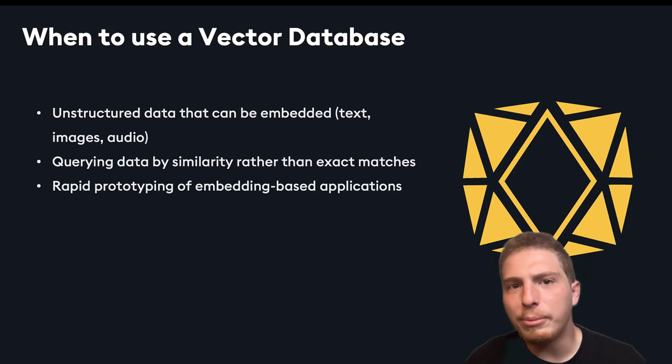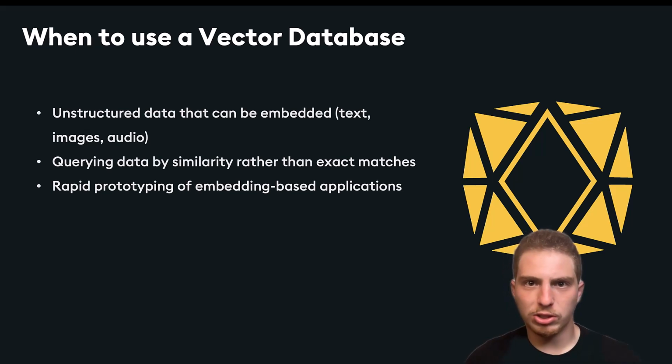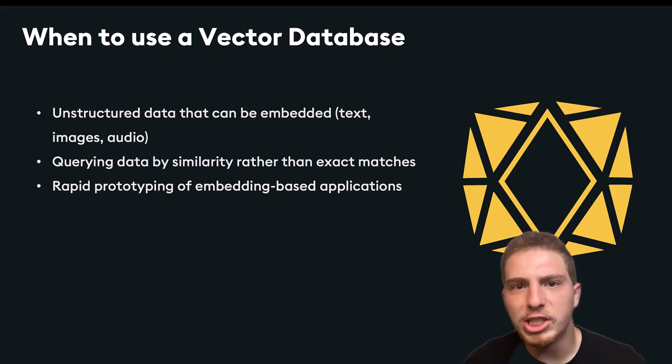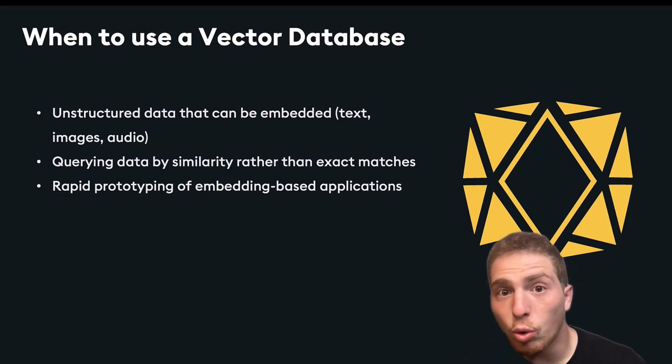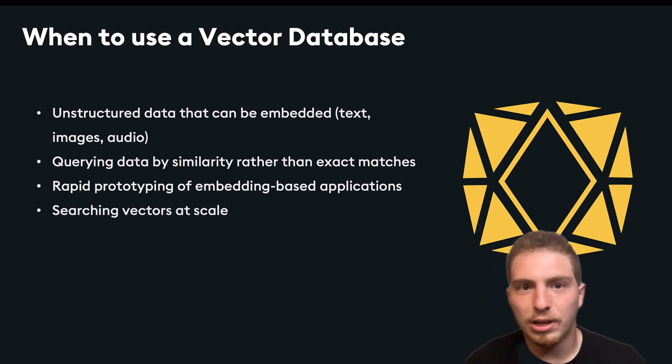Now, if you're rapidly prototyping embedding-based applications, which means you're building some kind of search engine or RAG-based chat app, vector databases are probably the easiest way to get to production quickly. Specifically, KDB.AI's cloud solution can be incorporated with very little effort. Now, if you're searching vectors at scale, and scale is different for everybody, it could be 1 million vectors, it could be 1 billion vectors.